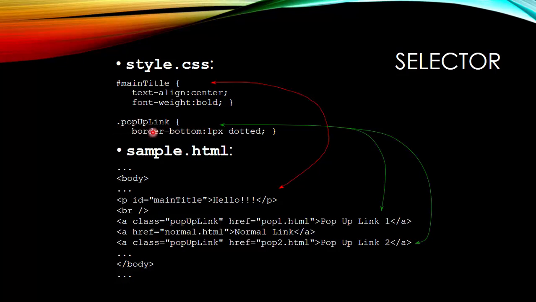So in this case, the pop-up link will have bottom border as dotted line with a size of 1 pixel. And the main title here is an ID. We define the style in the CSS denoted by hash main title, and then followed by the style definition between two curly brackets.